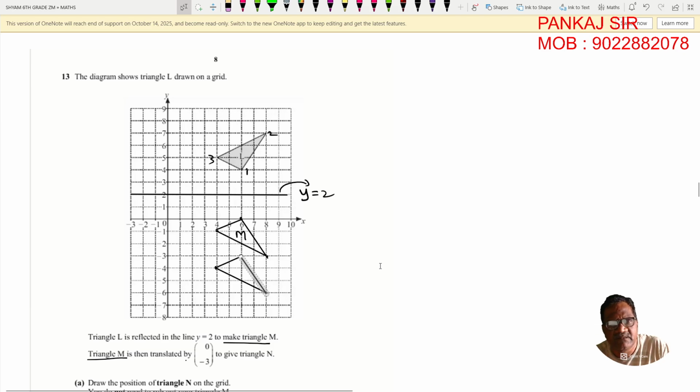Fine. So this is my triangle which I get on translation.